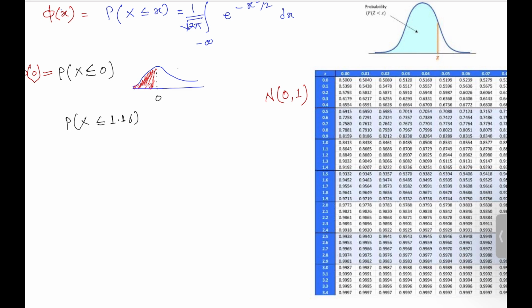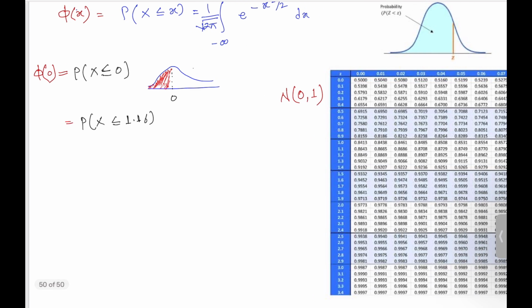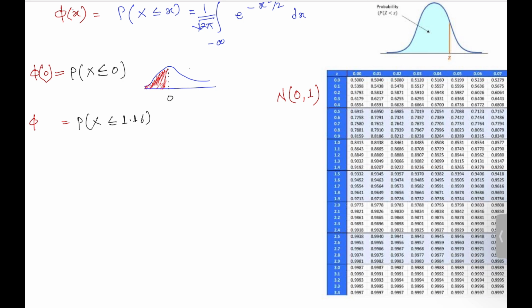Or if you have to write the same thing in terms of the CDF, you can write the CDF value at 1.16, right? So 1.16 would be somewhere around here. So we want to find the area of this part. So you can easily refer to this table to get the area or the probability of this event, right?